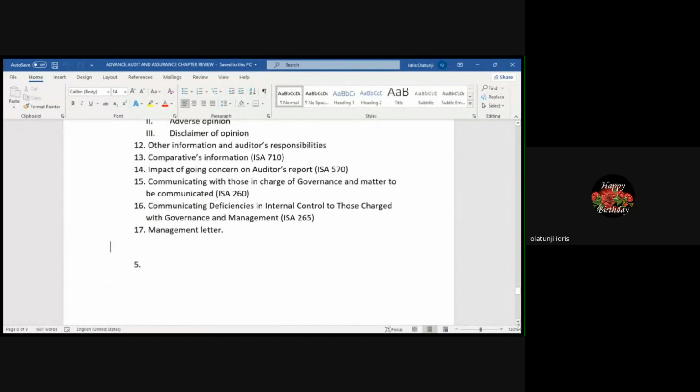Now, there's perception. I don't want to use that word prescriptive. There's a perception that the auditors are always directive. They are mandatory, that they compel everything on us, that, oh, this is what you must do. That is the perception.